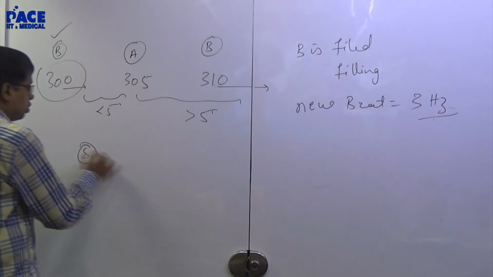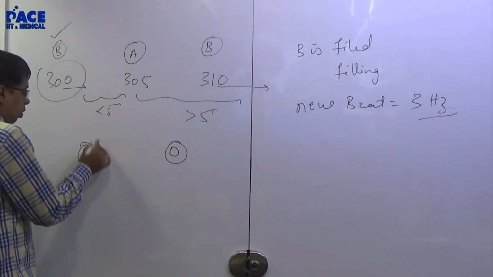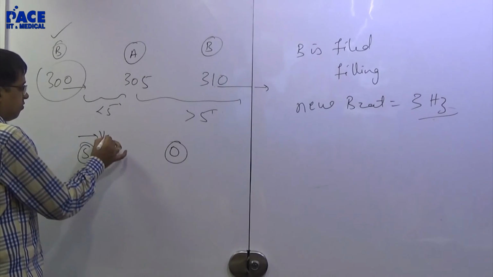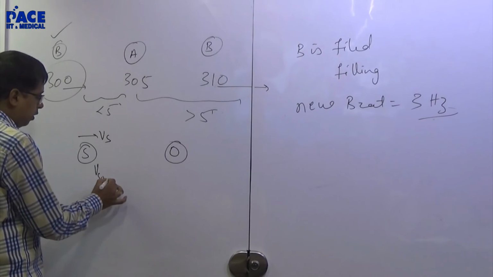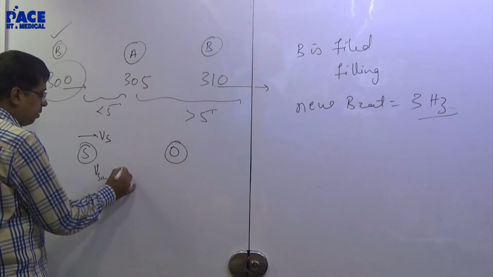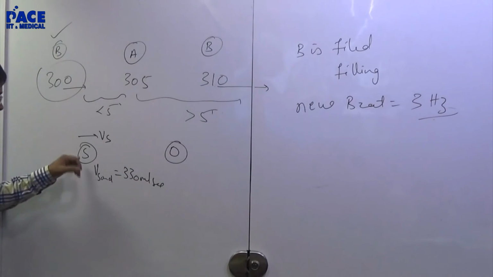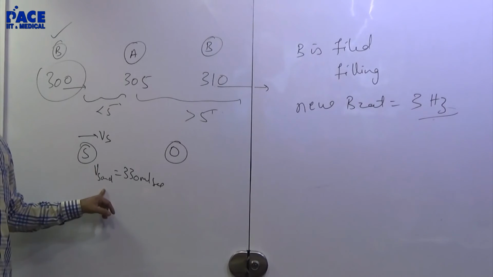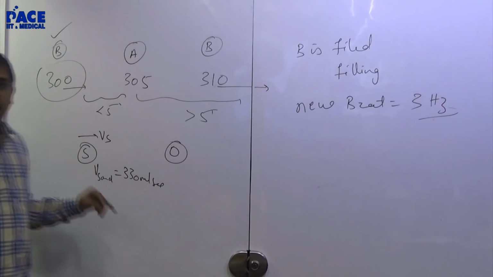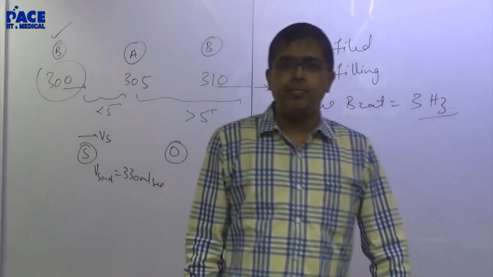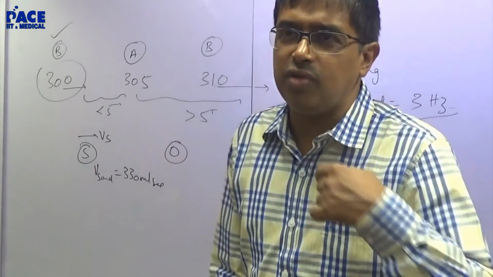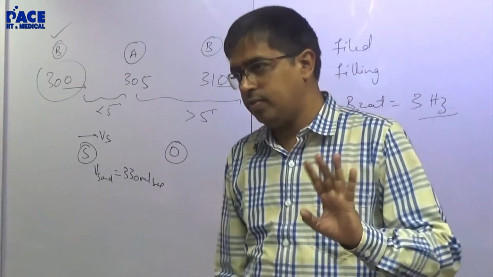If this is a source and this is an observer, whatever may be the velocity of the source, the velocity of sound will remain the same in that medium, say 330 meters per second. The concept of relative velocity will not be applicable for the source and sound. I am walking towards you and I am talking, but the velocity of sound will be independent of my velocity.